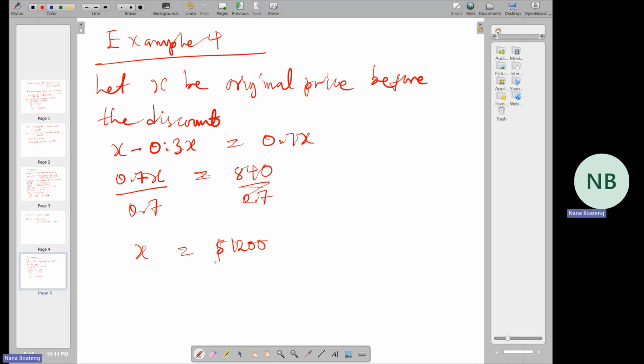So we can check whether this answer is right or not. Let's find 30% of 1200, and whatever we get, if we subtract it from 1200, we should get 840. So 30% of 1200 equals 30 divided by 100 times 1200.